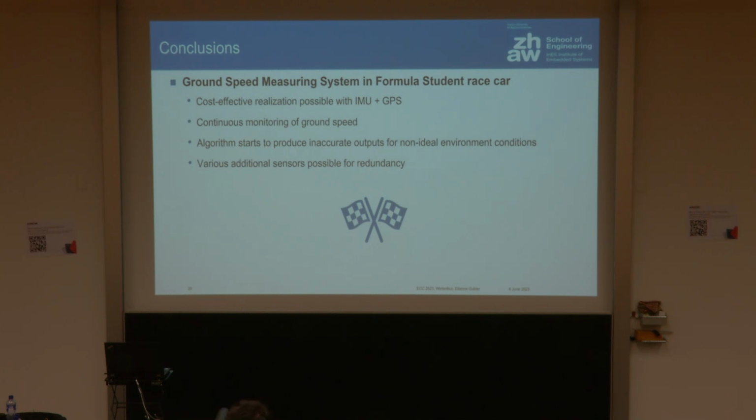Yes? You also mentioned an optical sensor as an extension. What kind of sensor would you use? A camera? I'm actually not sure how this sensor works. It is some kind of optical technique that is supposedly super accurate, and that's actually what a Formula 1 race car would use to measure its ground speed.